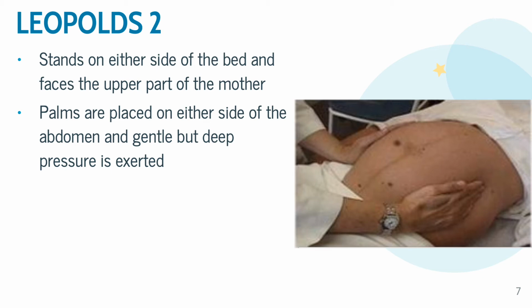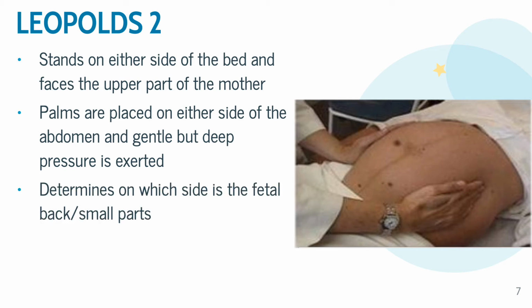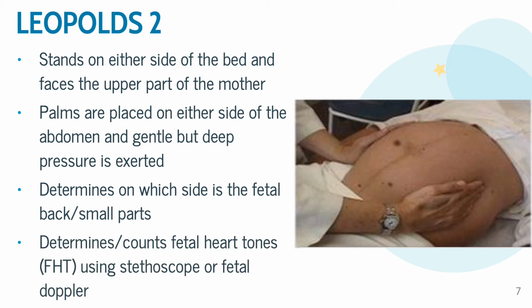On one side, a hard resistant structure is felt at the back. On the other hand, numerous small irregular mobile parts are felt, the fetal extremities. After locating the fetal back, next is to determine or count the fetal heart tones using stethoscope or the fetal Doppler.